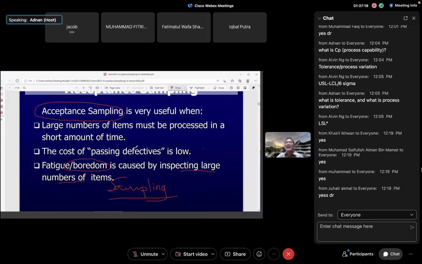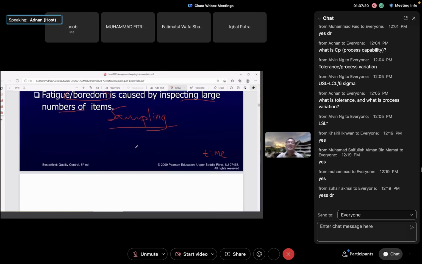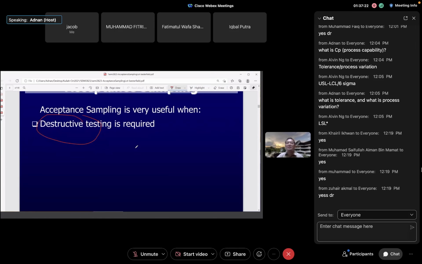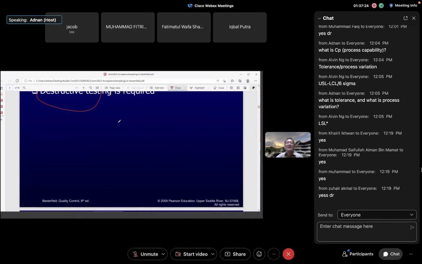So this is like acceptance sampling. Like when you go to see a doctor, the doctor will take a sample of your blood to see whether you have COVID or not. They take only a few drops of your blood, and then decide you have COVID or no COVID.